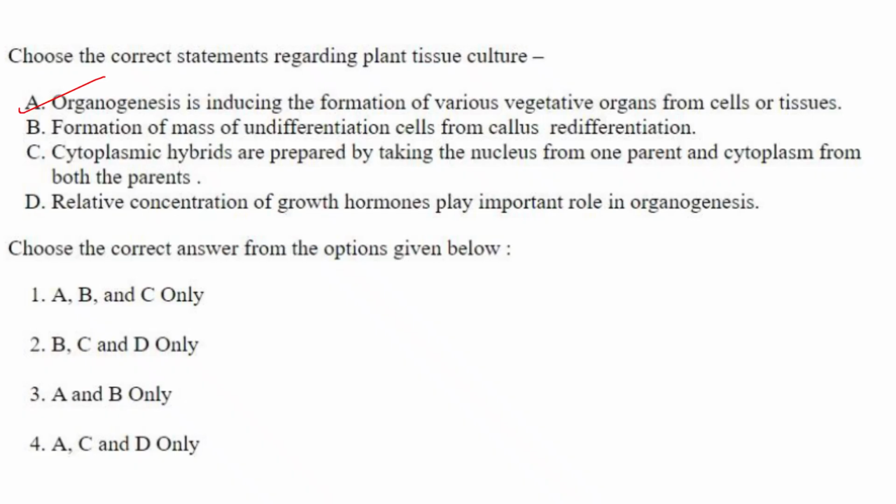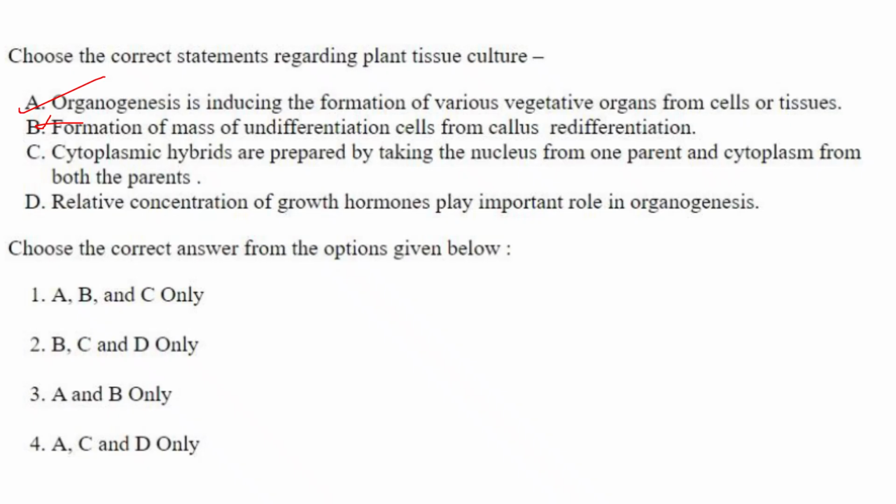That is organogenesis, that is correct. Formation of a mass of undifferentiated cells from callus is redifferentiation. It is not correct. It is de-differentiation. We have been already discussing differentiation, de-differentiation, redifferentiation till now, so this is also a continuation of that question.